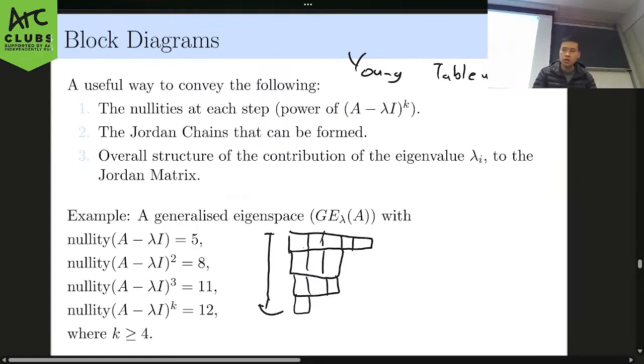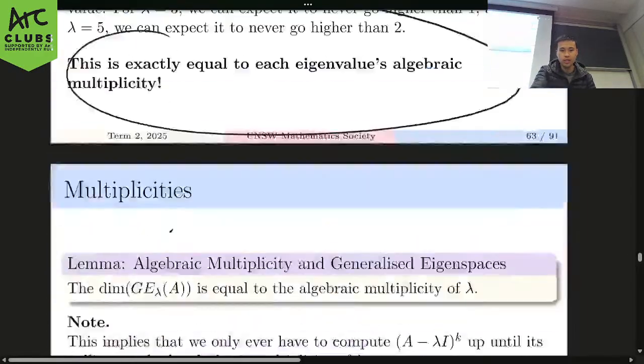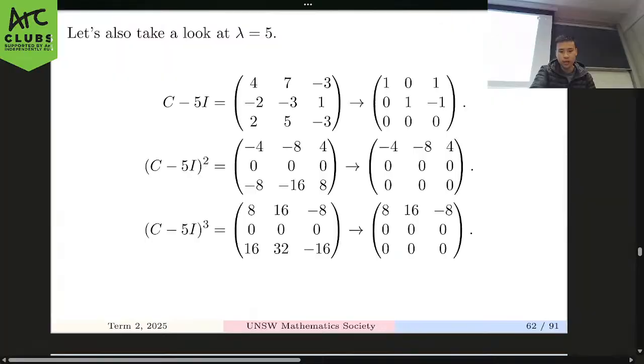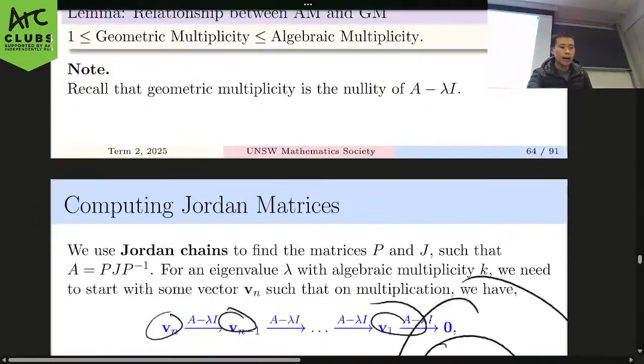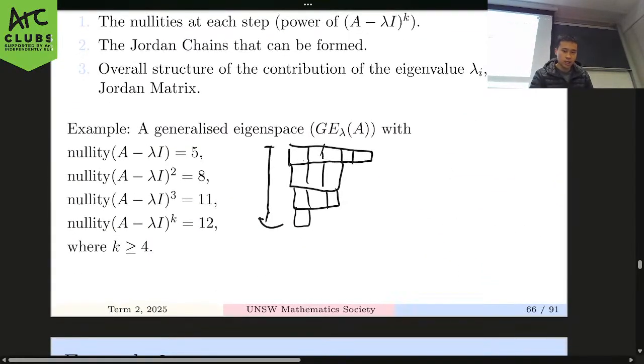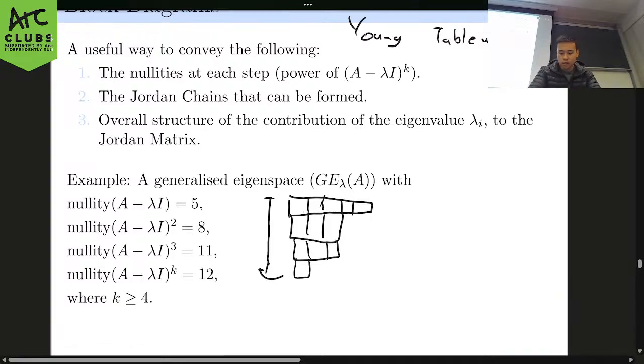The nullity suddenly changes when you power one more time, as it loses a rank. Anything afterwards, the nullity remains the same. The minimum k value for the nullity to remain the same is the height of the eigenvalue. So the maximal Jordan chain is determined by the height of the eigenvalue, and vice versa.